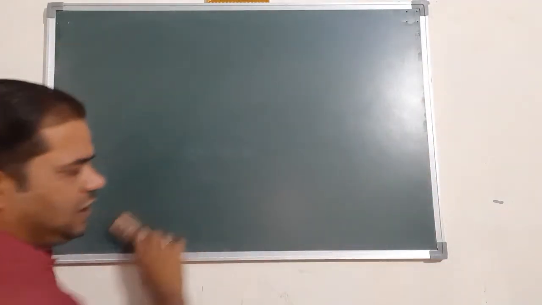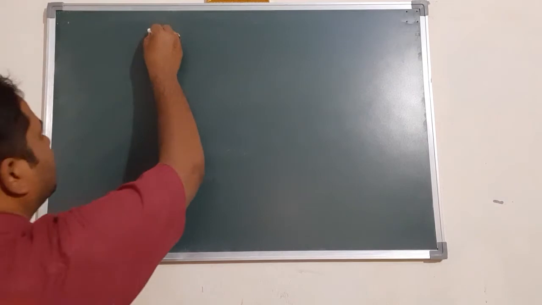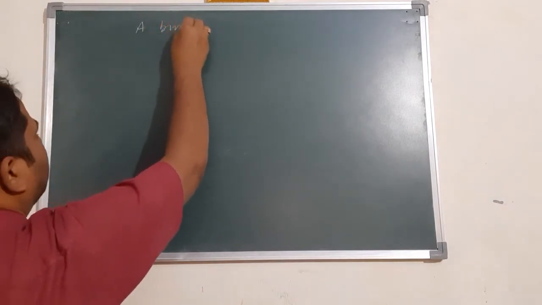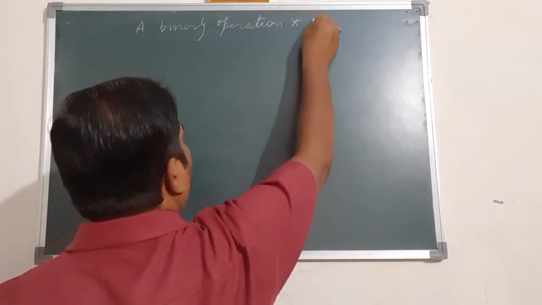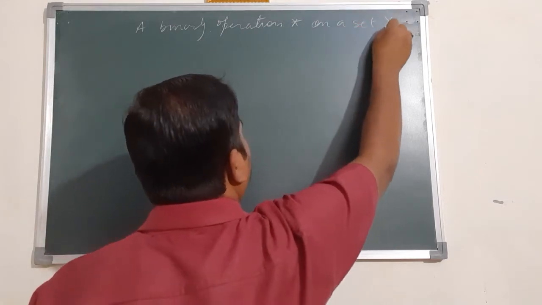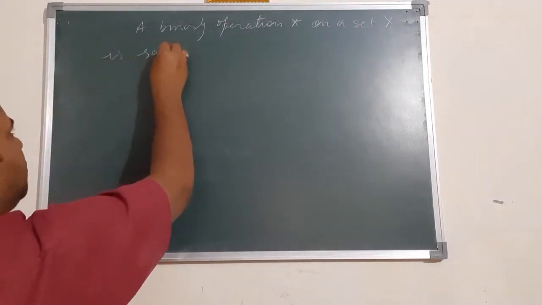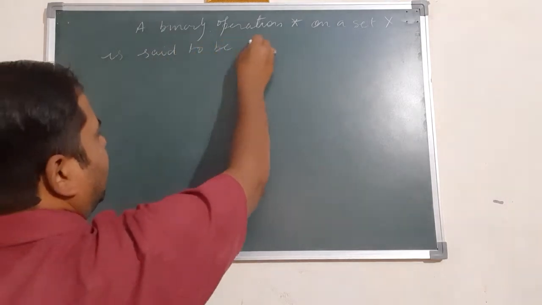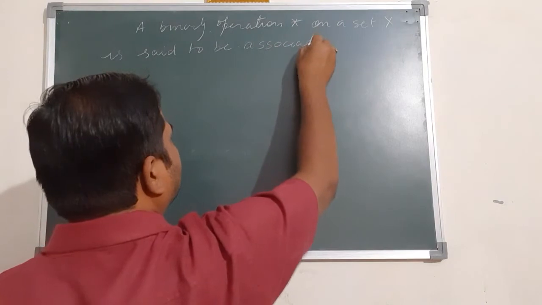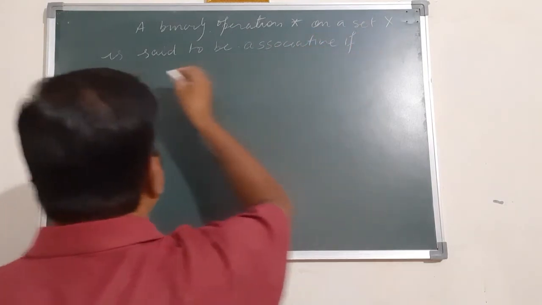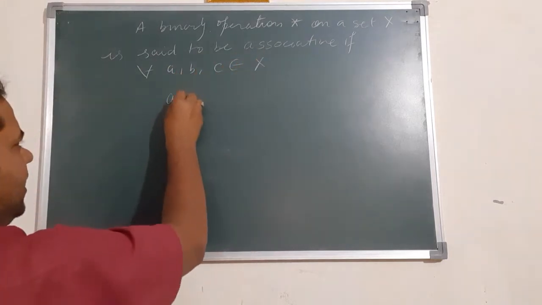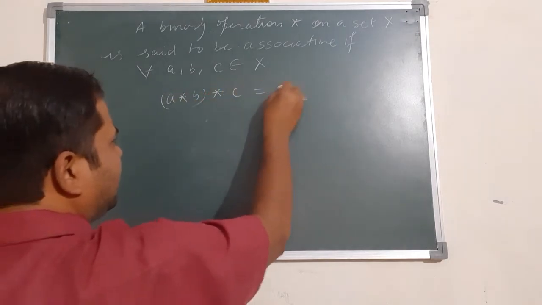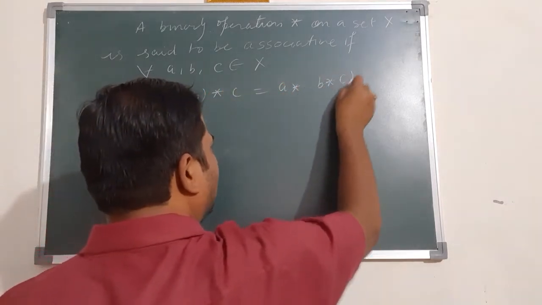Write down: a binary operation star on a set X is said to be associative if for each a, b, c belonging to X, (a star b) star c is equal to a star (b star c).